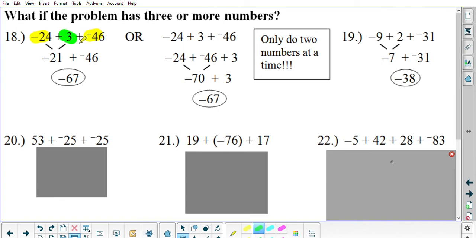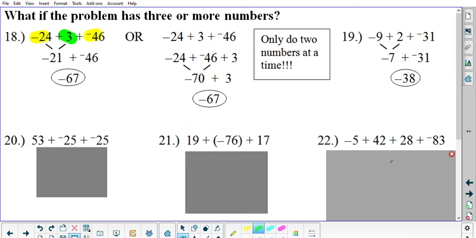And so this is why you can't do all 3 at the same shot. Because when you have a negative plus a positive, you subtract in your head. But when you have a negative plus a negative, you add in your head. So you can't do all 3 at one shot unless all 3 of them were negatives, you could just add them all together at one time. Or if all 3 of them were positives, well, of course, that'd be like an elementary school problem, then you could do all 3 at one shot.